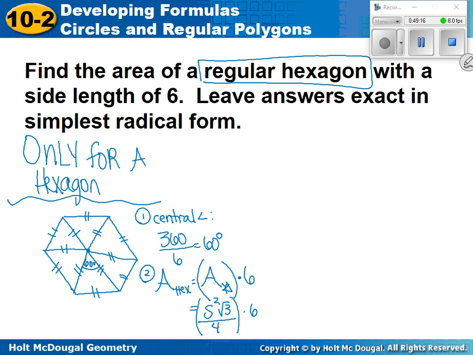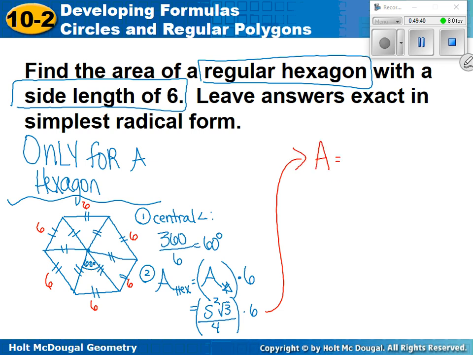Read the question. It said find the area of a regular hexagon with a side length of 6. So that means every side we have here is 6. So we're going to put 6 on every side, which means in our problem for the area, what's going to go in for the S?